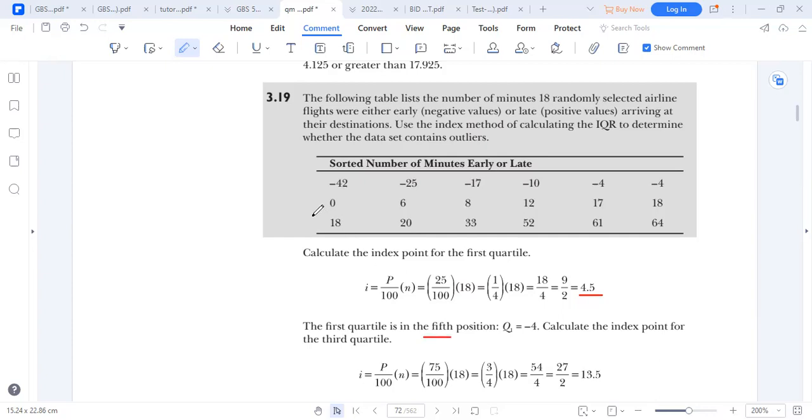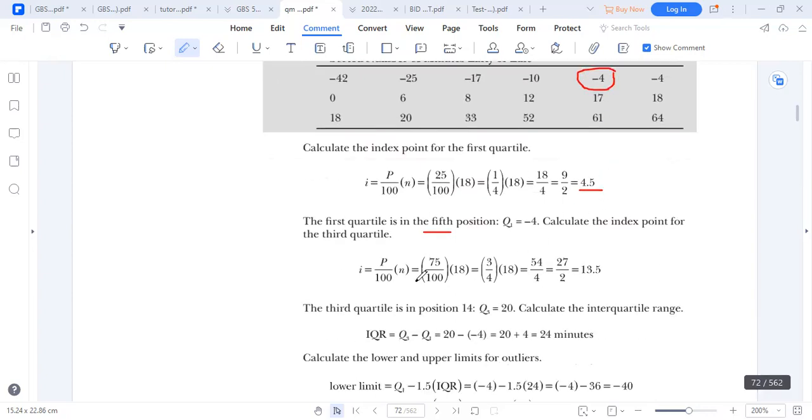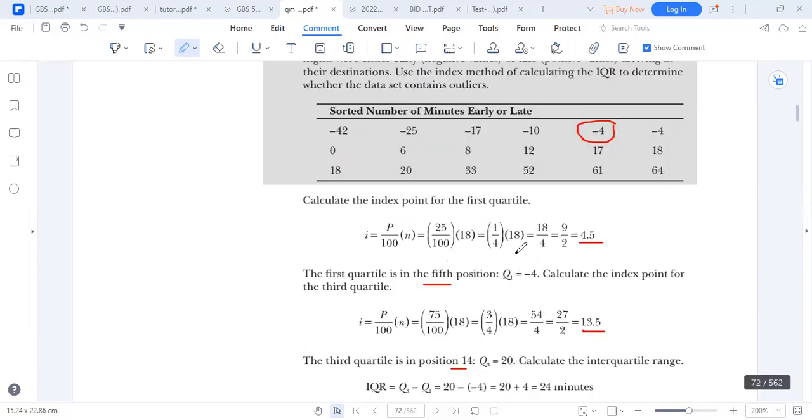So if you arrange them in order, that is 1, 2, 3, 4, 5. So the fifth number is -4. Then you do 3/4 of 18, which is what? 13.5, which is the 14th number. The 14th position is going to be 1, 2, 3, 4, 5, 6, 7, 8, 9, 10, 11, 12, 13, 14, so 20.